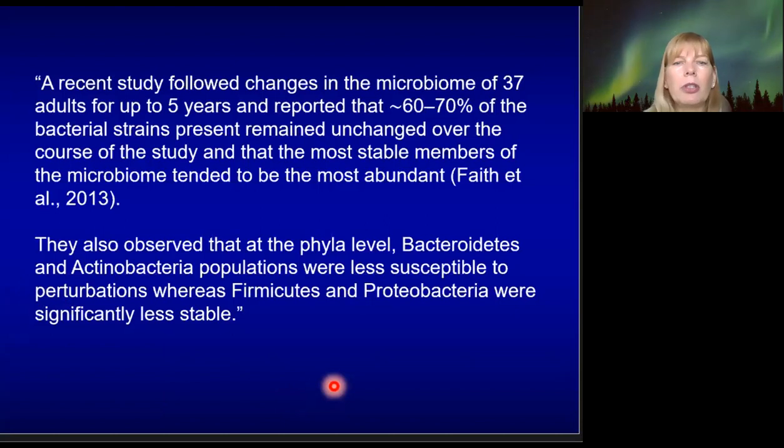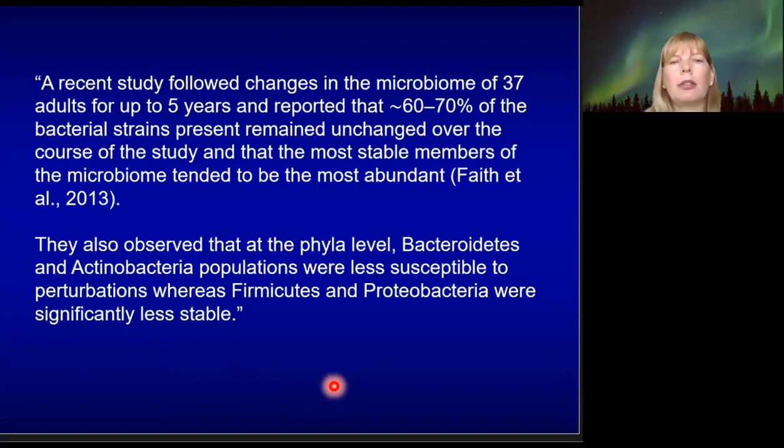At the phyla level, Bacteroidetes and Actinobacteria populations were less susceptible to perturbations. So that means they were more stable members of the community if there was any kind of difference in what the human was being exposed to. Whereas Firmicutes and Proteobacteria were significantly less stable.